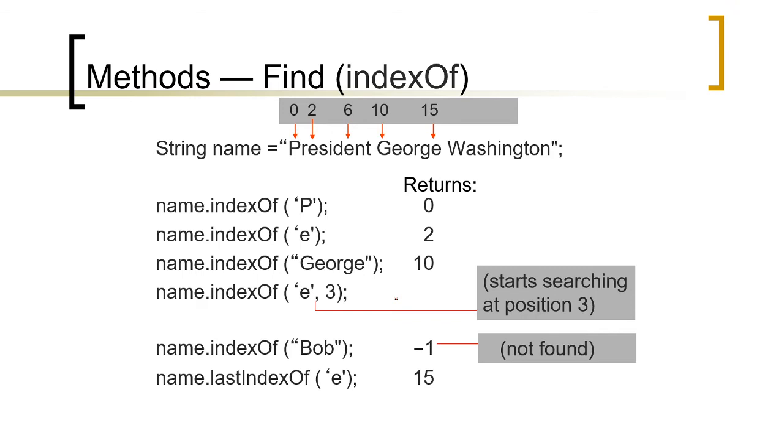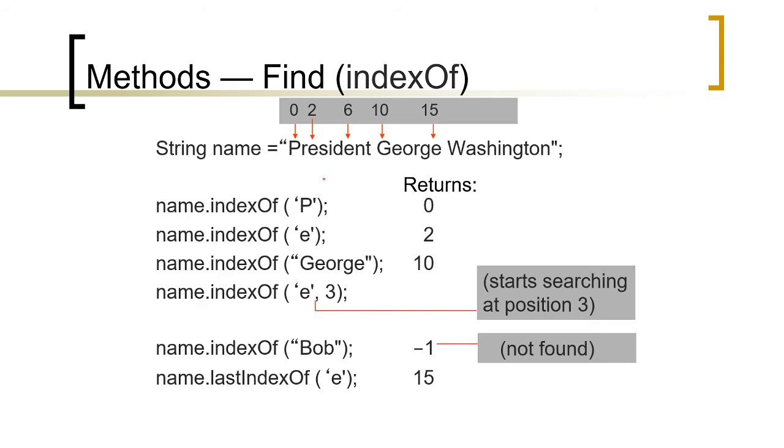We do have an indexOf with two parameters. The first parameter is the character and the second parameter is the index where you want to start looking. In this case, you have E and then the second parameter is 3. That means the compiler will start searching at position 3, or index 3.